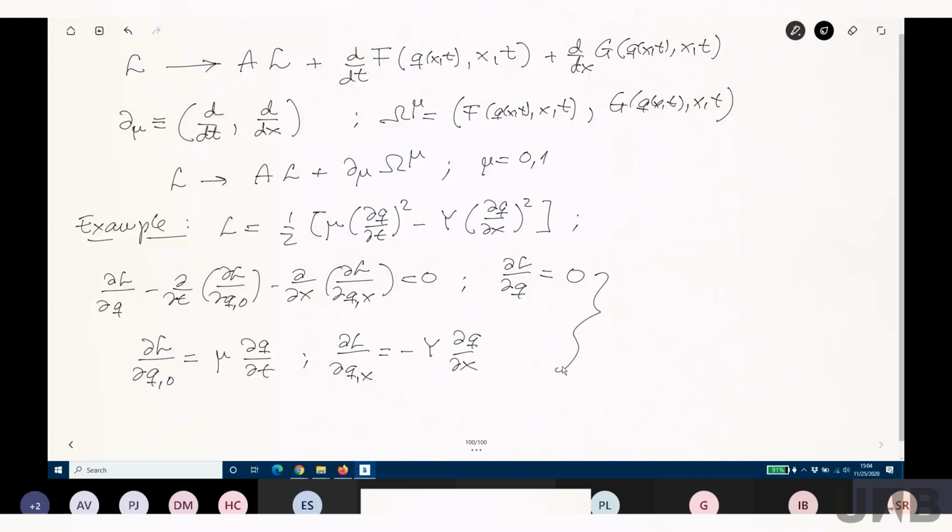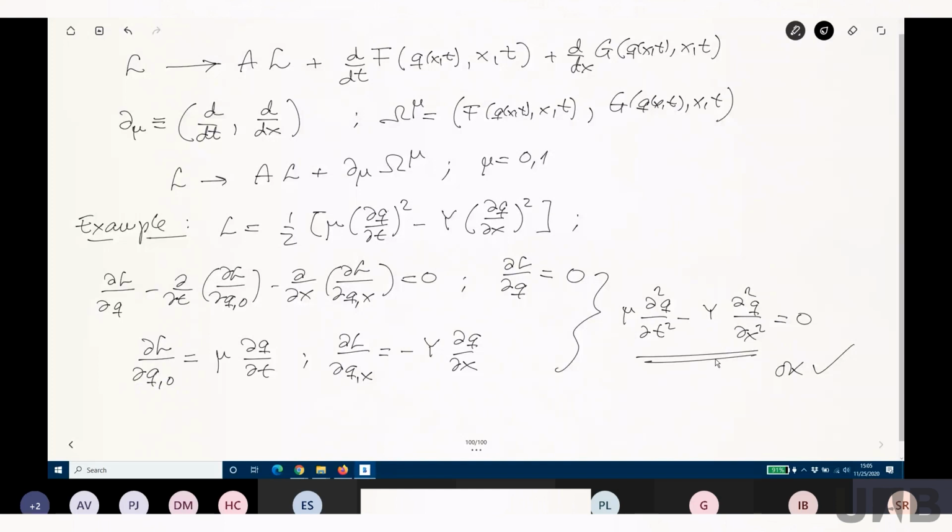And so the Euler-Lagrange equations of motion are the time derivative of this plus the space derivative of this equals 0. So that is mu d squared q/dt squared minus Y d squared q/dx squared equals 0. Perfect, that's exactly right. That's the equation of motion for the string.